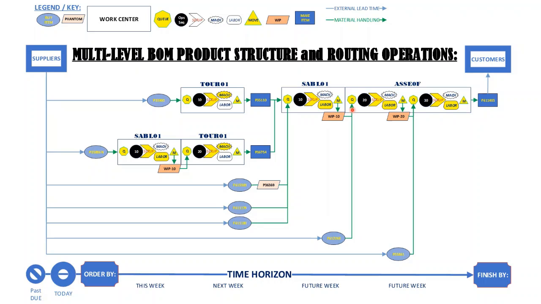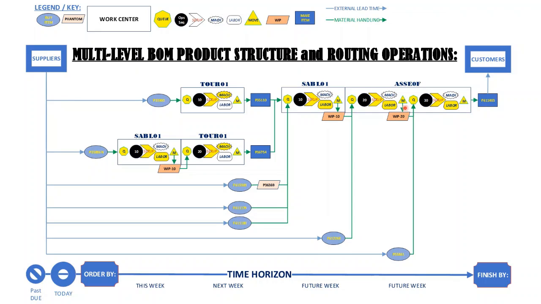If this was a line, a single piece line, then there probably wouldn't be any move, and this next operation is right next to the previous downstream operation, and then it would begin to sit in queue before the next operation is able to start it and then it has a certain amount of setup before the labor hours that are needed to transform it into a WIP that is needed at the upstream operation 30.